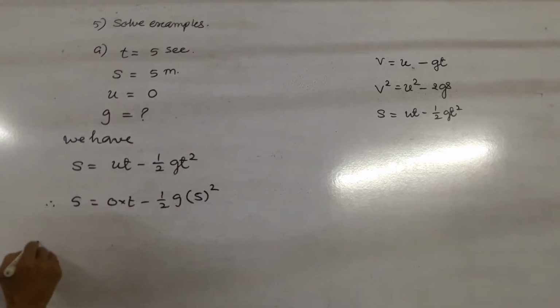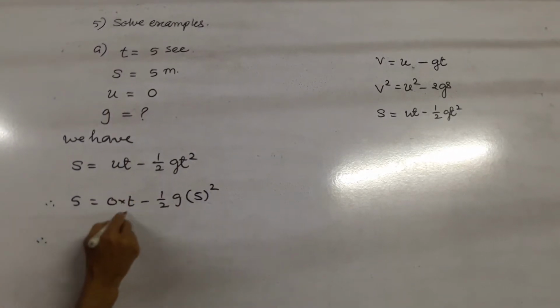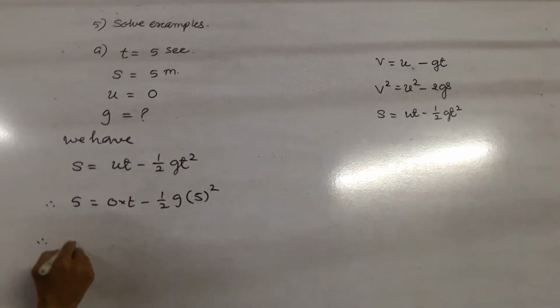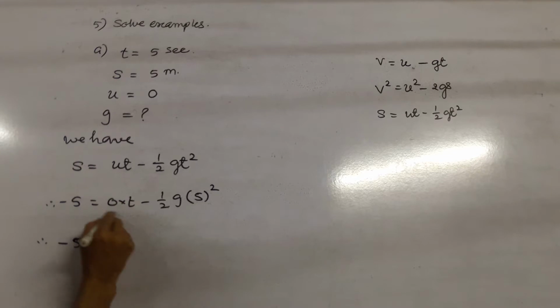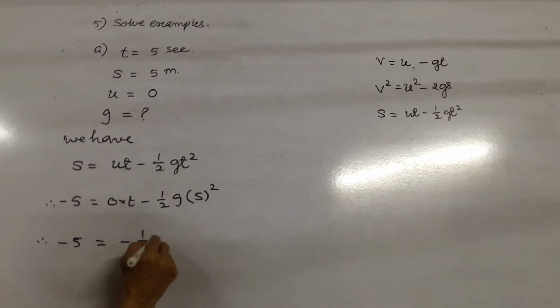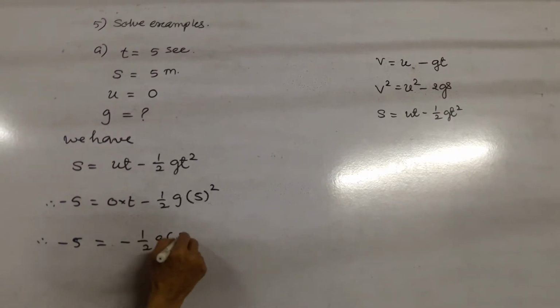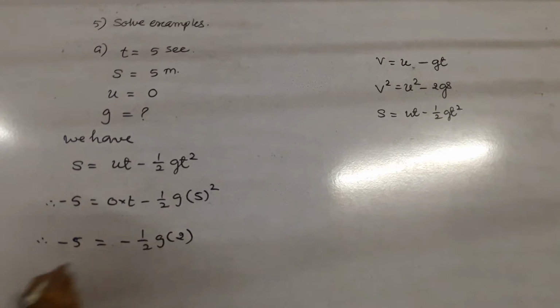So 5 square. Now here this is 0, so 5 is equal to, but here we know that the body falls down, and that's why the displacement is negative. So s equal to, this is 0, so minus half g into 25. So minus minus will become plus.